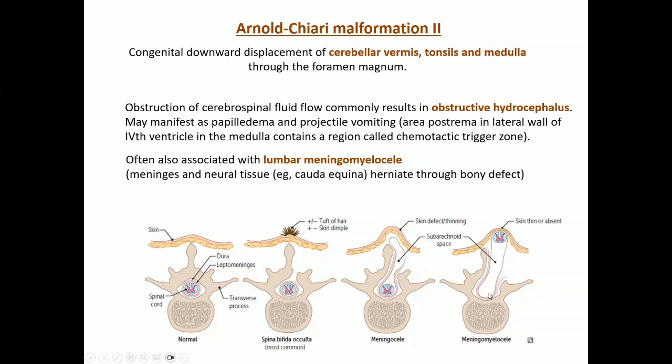And now basically the meninges together with the spinal cord are misplaced out of the vertebral canal, under the skin, and that skin can even be absent. So basically you can see the spinal cord protruding out of the back of the child when they are born. If they have this lumbar meningomyelocele, you will order an MRI immediately to see if we are talking about Arnold Chiari malformation, where the vermis, tonsils, and medulla are protruding through the foramen magnum.